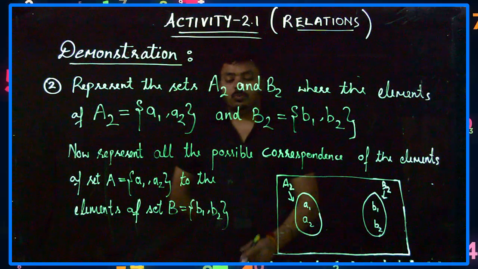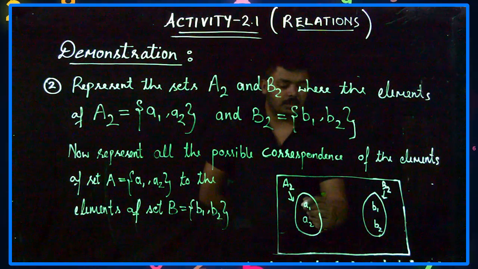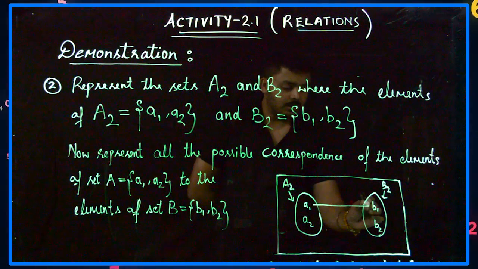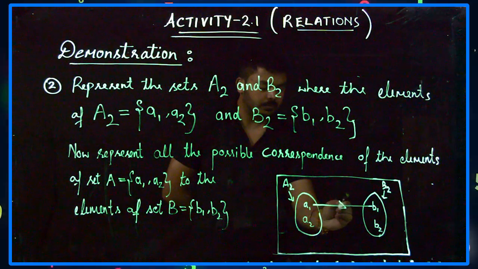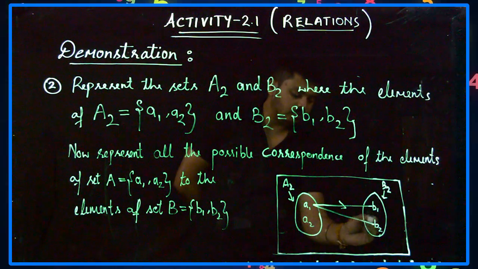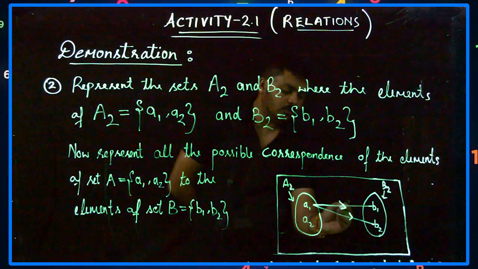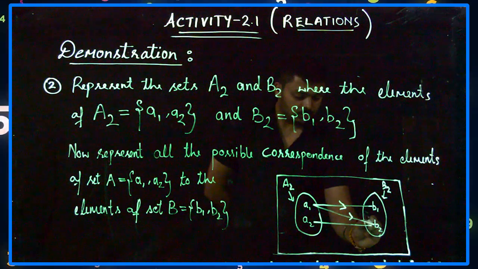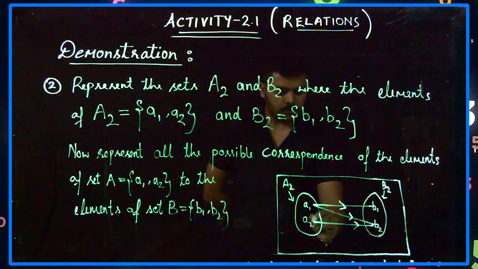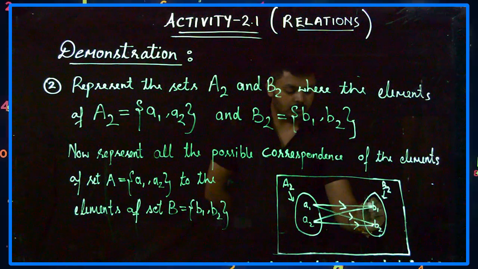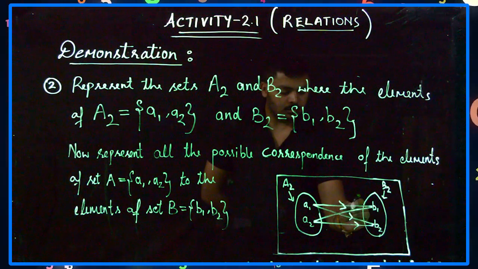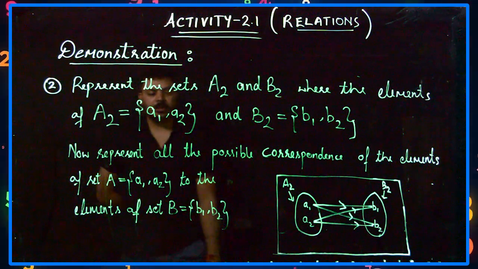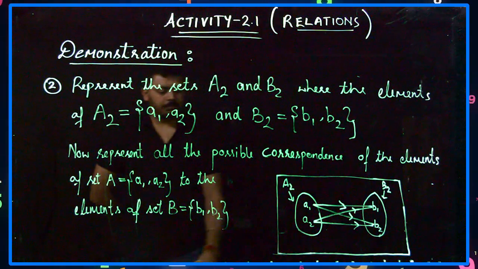So now the possible correspondence of the elements of set A2 to the elements of set B2 is A1 to B1 and A1 to B2. Similarly, A2 to B2 and A2 with B1. So this is the possible correspondence of the elements of set A2 to set B2.